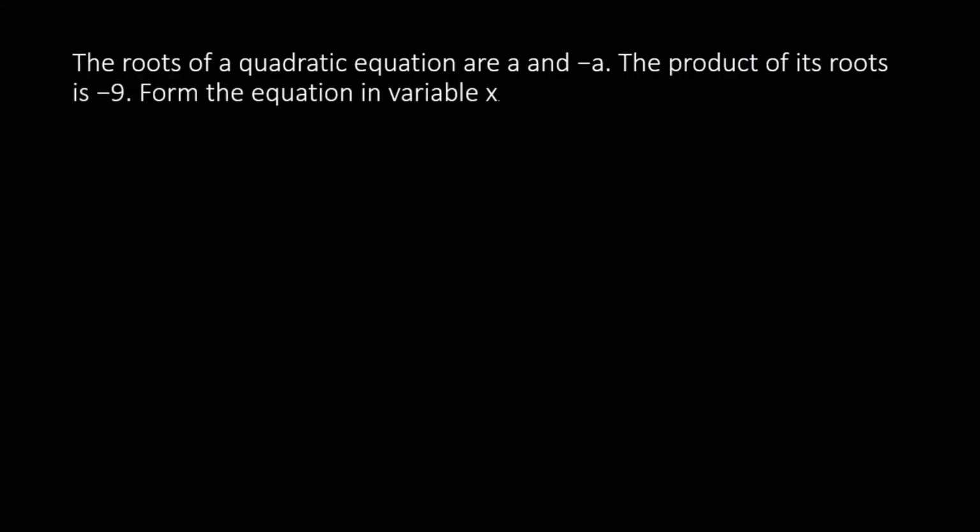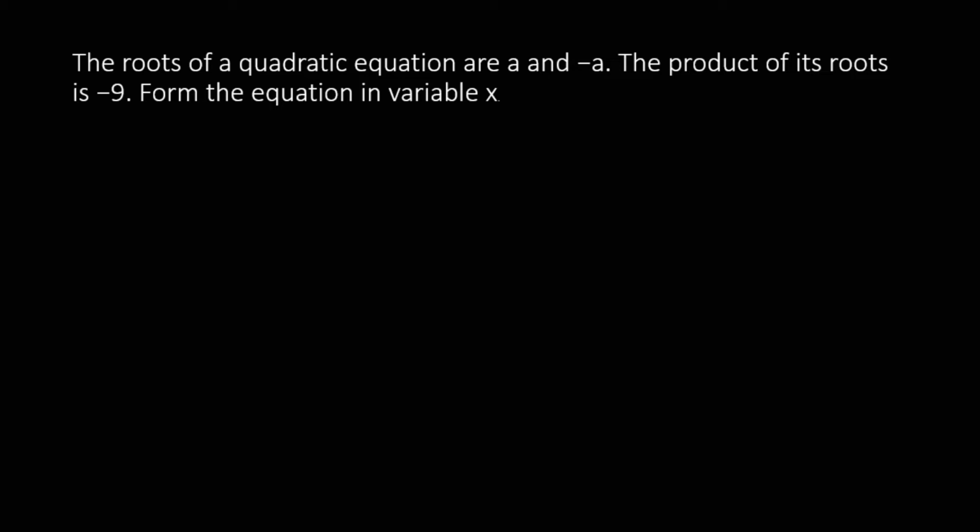Now the first question here is, the roots of a quadratic equation are a and minus a. The product of its roots is minus 9. Form the equation in variable x. So we have to form a quadratic equation and its roots are given, and roots are a and minus a.